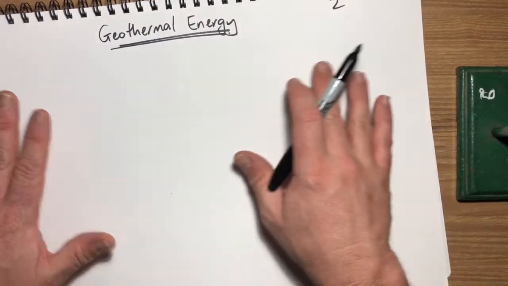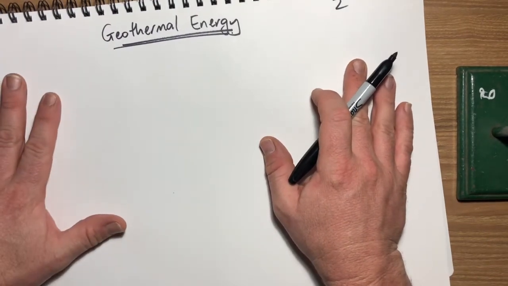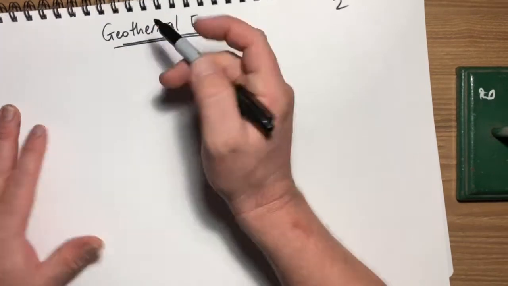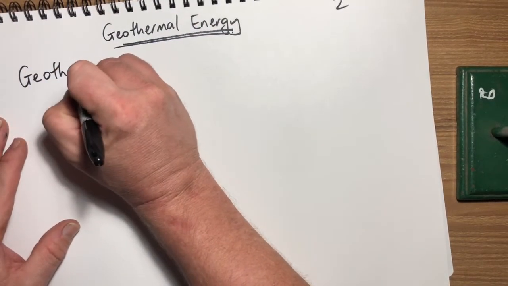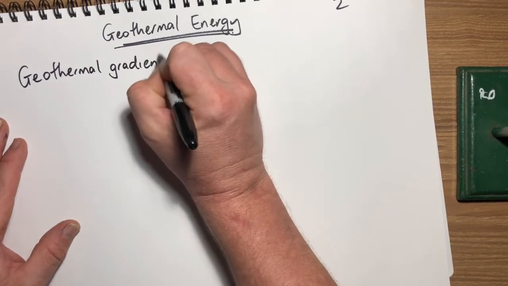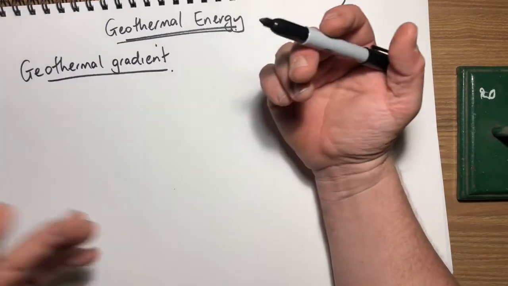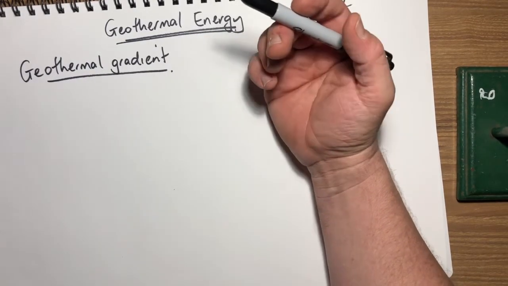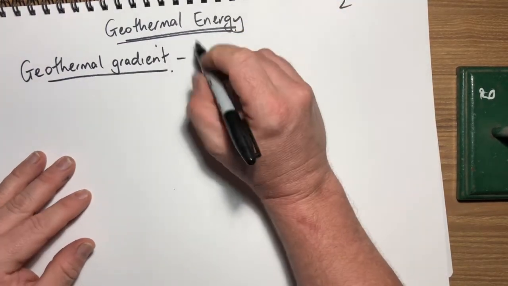Okay, so we've talked about the source of geothermal heat. Now let's look at something called the geothermal gradient. The geothermal gradient generally is known as the increase in temperature with depth within the Earth.